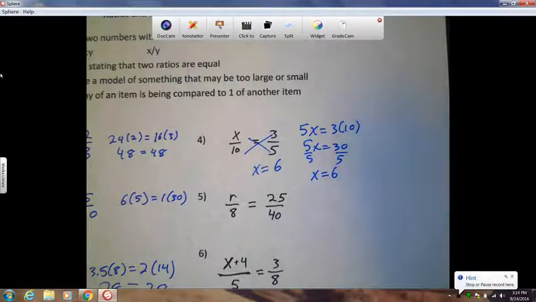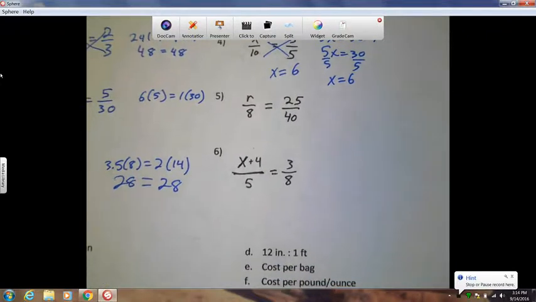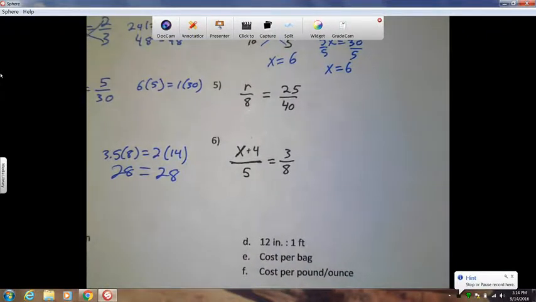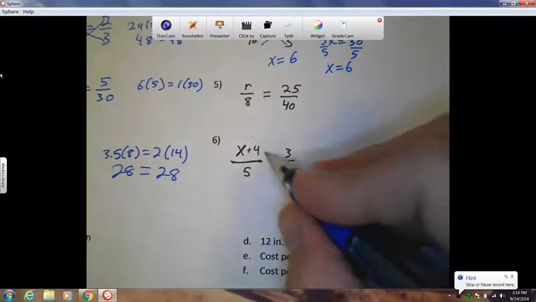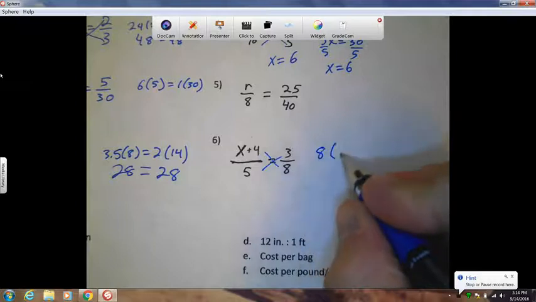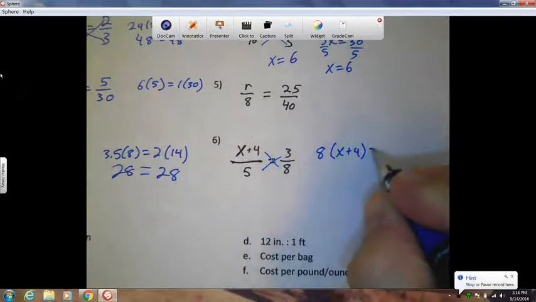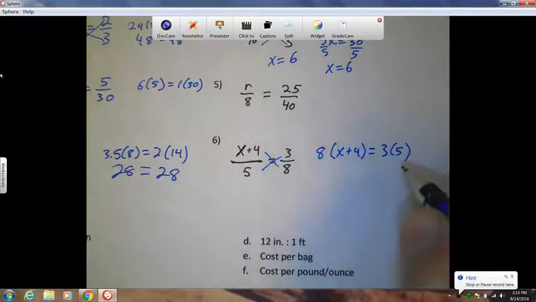For instance, let's look at number 6. We'll skip number 5. 5 doesn't easily multiply to equal 8, so you need to cross multiply. Remember, when you do that, you have to use the distributive property. So notice how I have 8 and then x plus 4 is in parentheses.